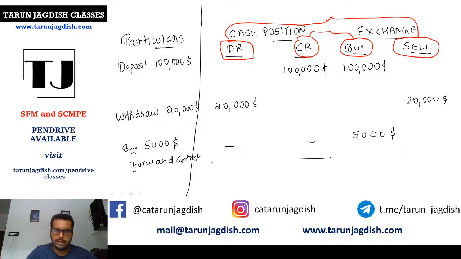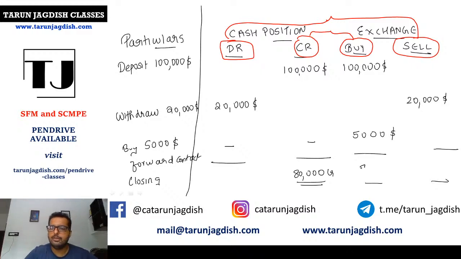So if you put it this way, $1 lakh minus $20,000, the closing balance over here will be 80,000 credit. Whereas in the exchange position, 1 lakh bought, 5,000 bought, that is 1 lakh 5,000 minus this, we will call it $85,000 overbought. Overbought means buy is more than sell. Can you write down this in your books now?